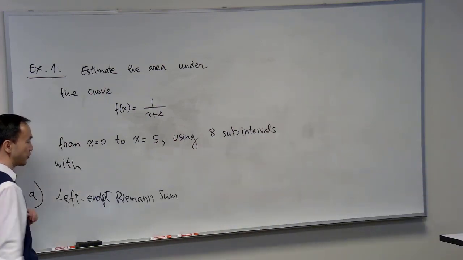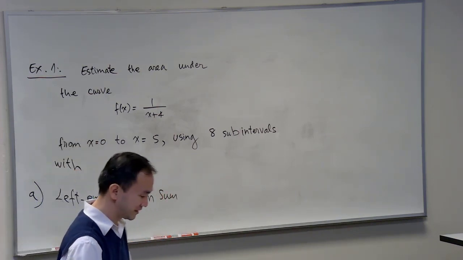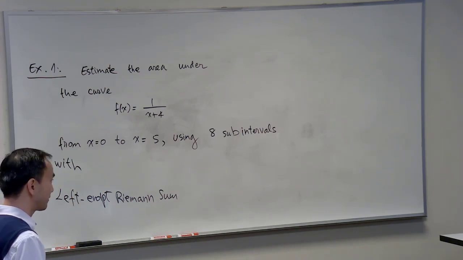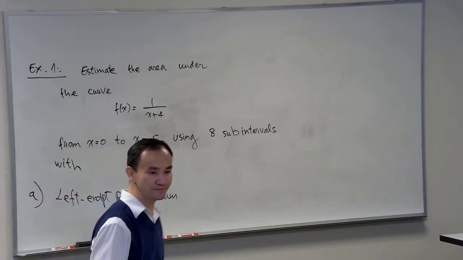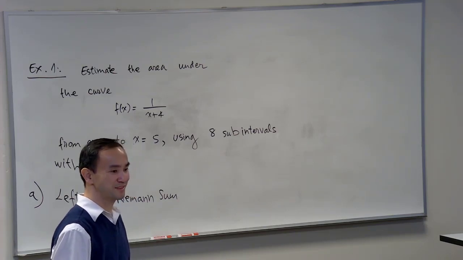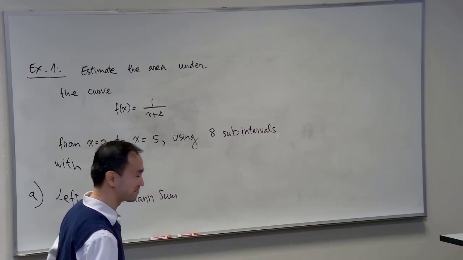The left-hand point we want some. 8 subintervals with the left-hand point we want some. So we're going to have a part B later on, but let's for now work on the problem here. All right. So we definitely have to have a picture of that, right?